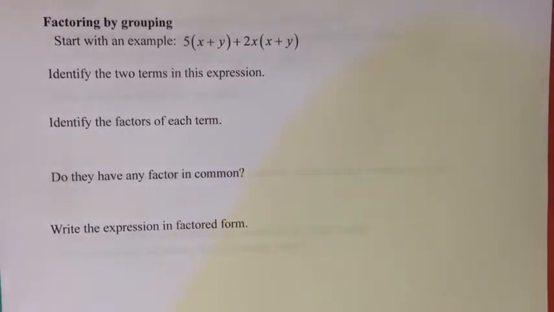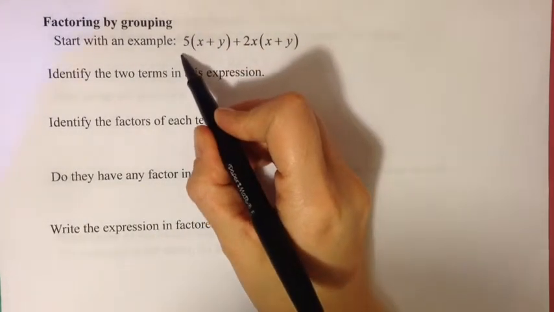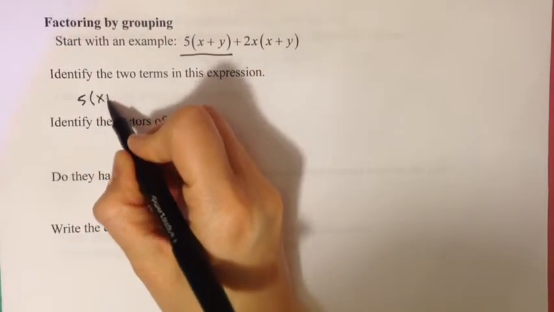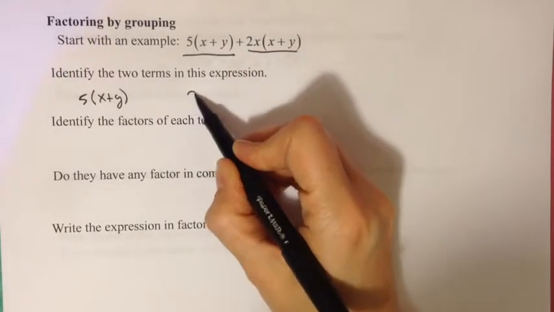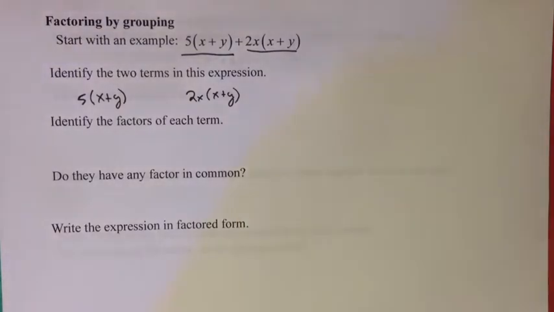Let's start by identifying the two terms in this expression. Remember that terms are things that are being added or subtracted. So in this expression, one of my terms is 5 times x plus y, and my other term is 2x times x plus y. Within each of those terms, there are some factors.